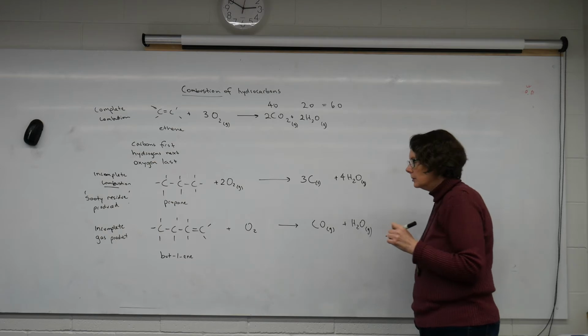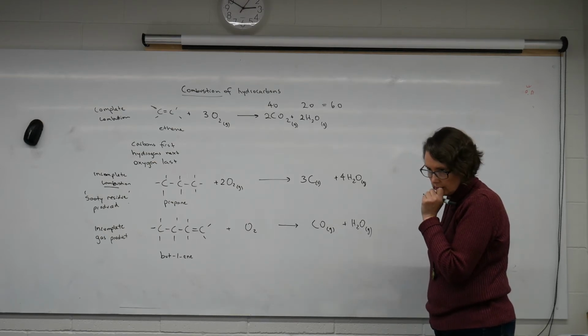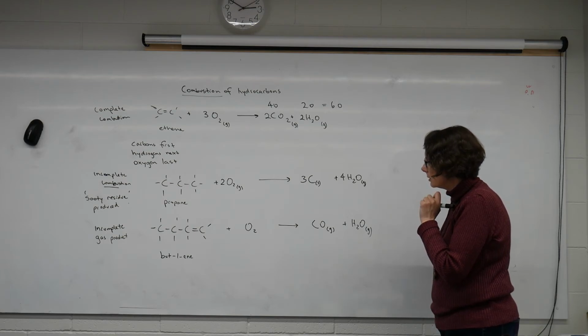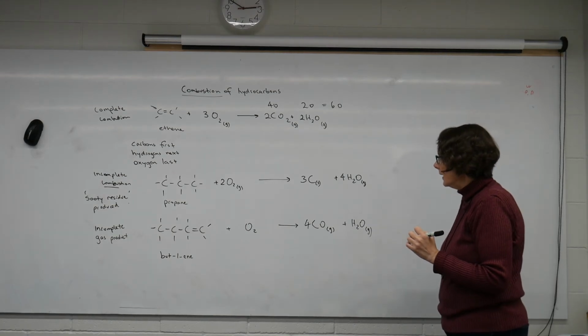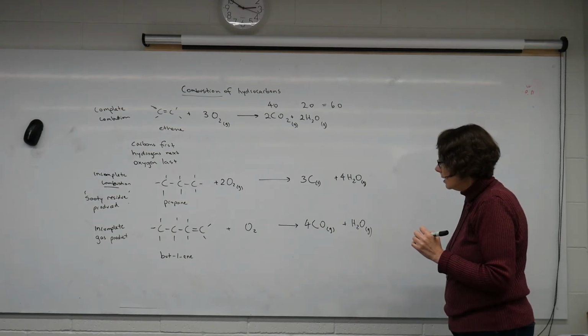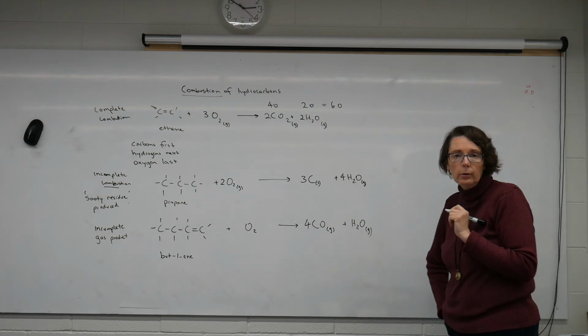Okay, we're going to balance now. What do we need to do first? Carbon. What are we going to do? 4 out the front. And then we're going to balance hydrogens.